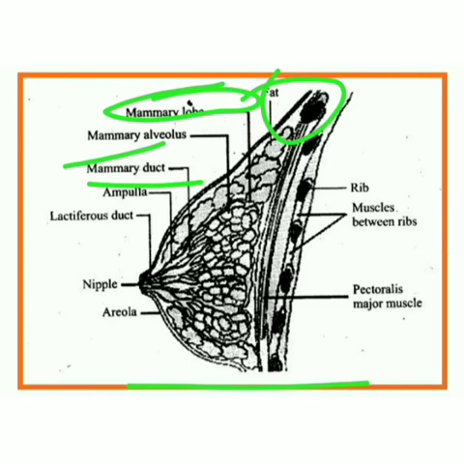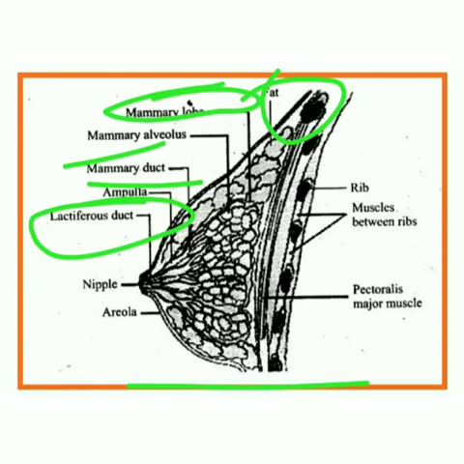This one you can see here, mammary duct. Several mammary ducts join to form a wider mammary ampulla which is connected to the lactiferous duct, through which milk is sucked out by a newly born baby.